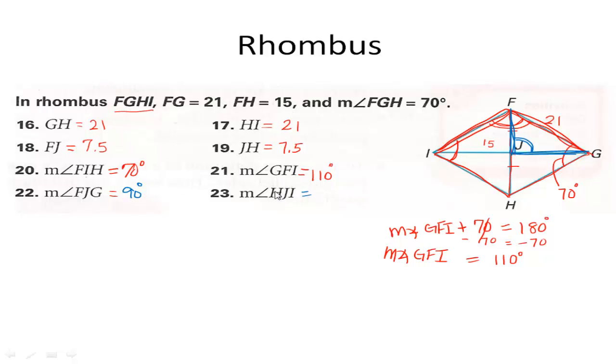And for this one, angle HJI, we're talking about this angle. This angle is also 90 degrees, both by vertical angles here, and also knowing that the diagonals are perpendicular in a rhombus. And there you have that other example.